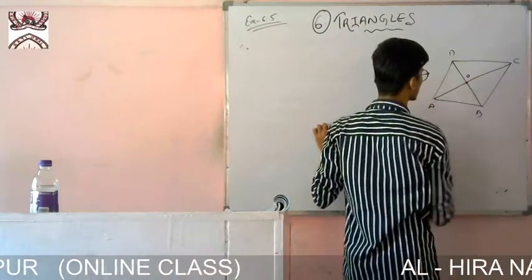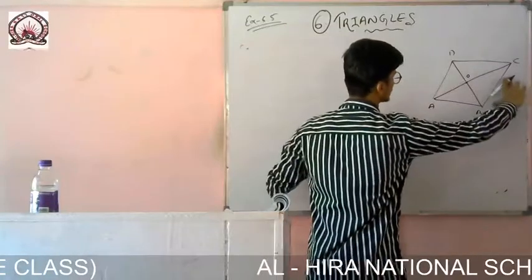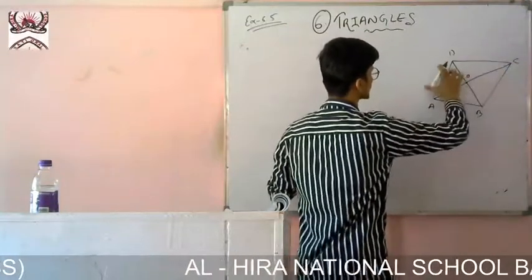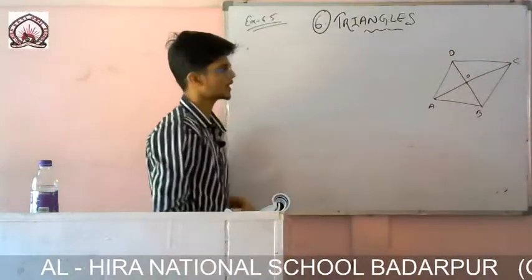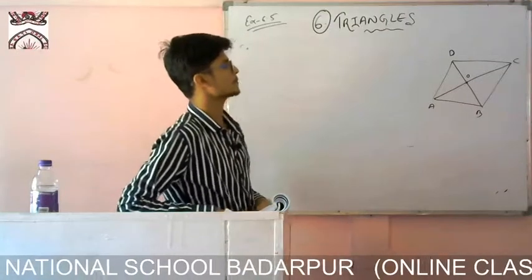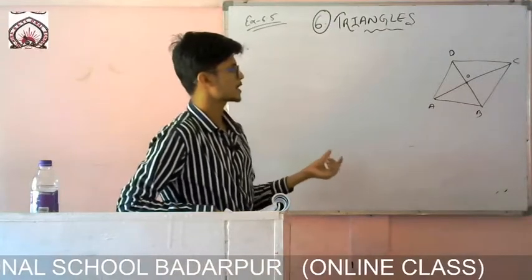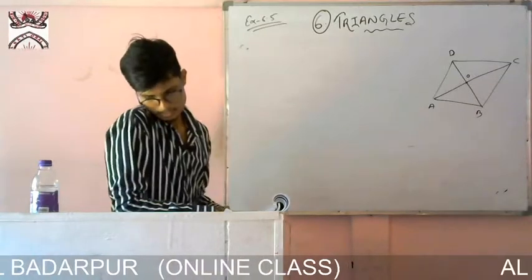That means AC square plus BD square is equal to AB square plus BC square plus DC square plus AD square. You have to prove this one.